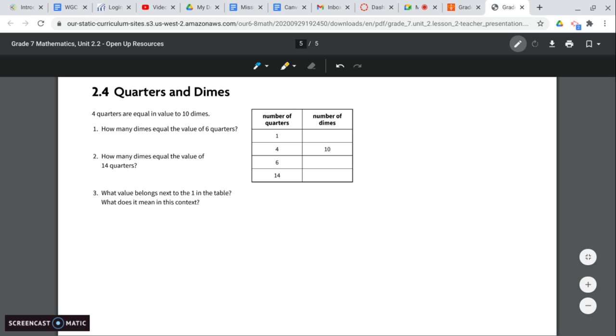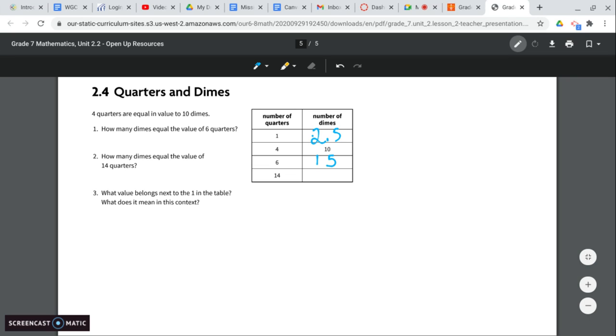So it's going to have to be 2.5 dimes, which I know technically is not possible, but that is our unit value: 2.5 dimes for every 1 quarter. So we'll take 6 times 2.5 and we'll find out that it's 15. So it would be $1.50.